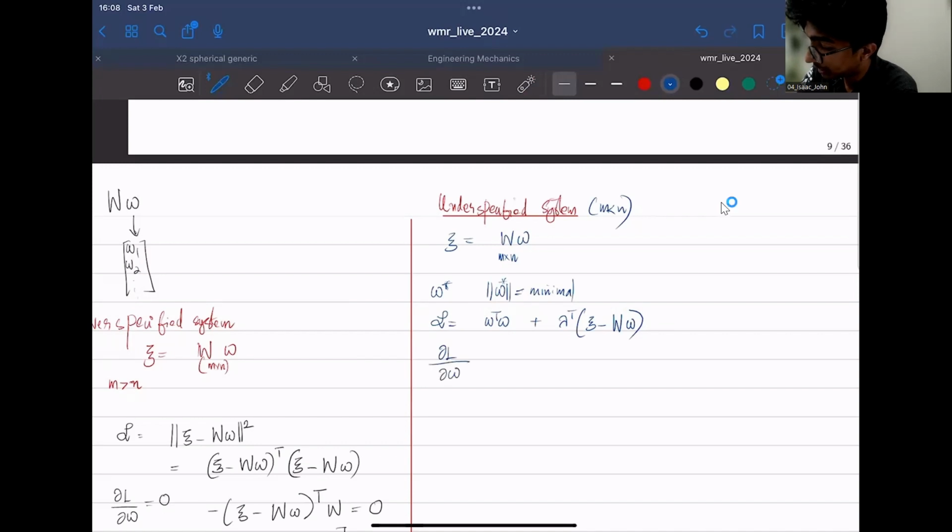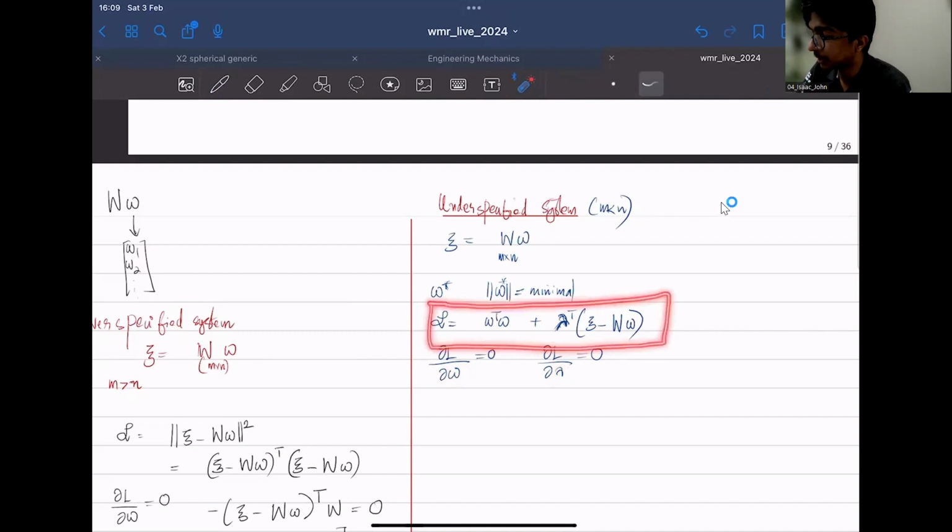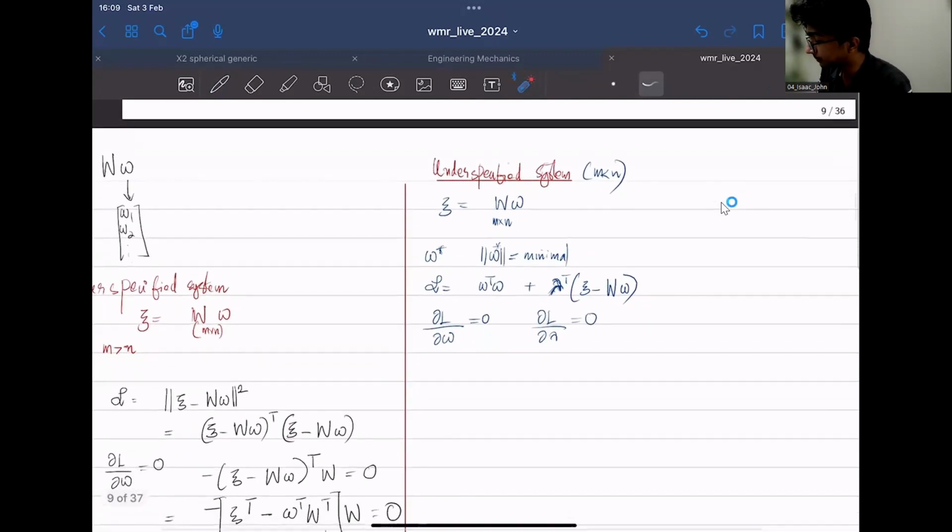Dou L by dou omega should be 0, and dou L by dou lambda should also be 0, because lambda is a Lagrange multiplier. That is also another variable. It's just like a weight, how much each of these constraints should be weighed. Depending on the importance of the constraint, each can be given different weights. Since we have two variables, omega and lambda, we have to minimize this objective function with respect to these two variables.